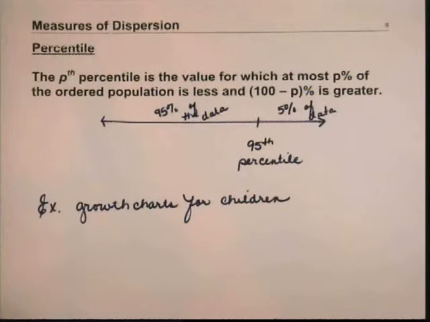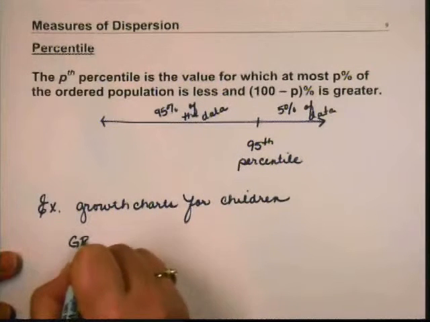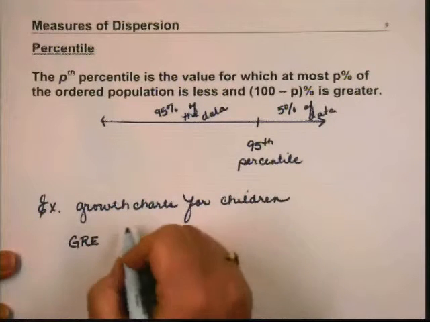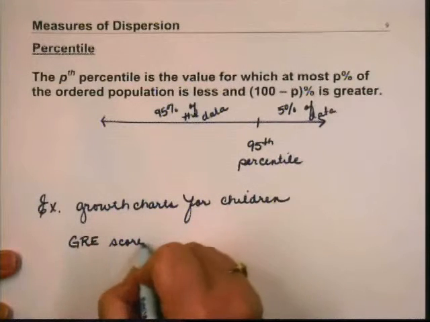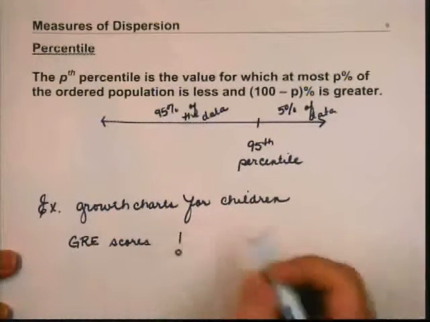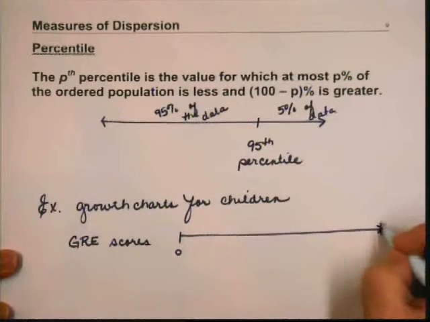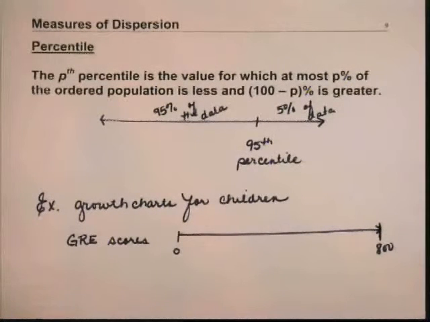Okay, what else can we talk about? Maybe a too painful memory for you, your GRE score. Okay, we'll look at GRE scores. Hopefully there's nobody down here. Suppose up to 800.